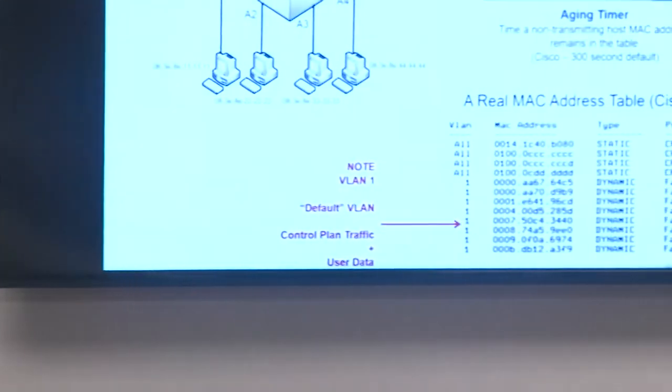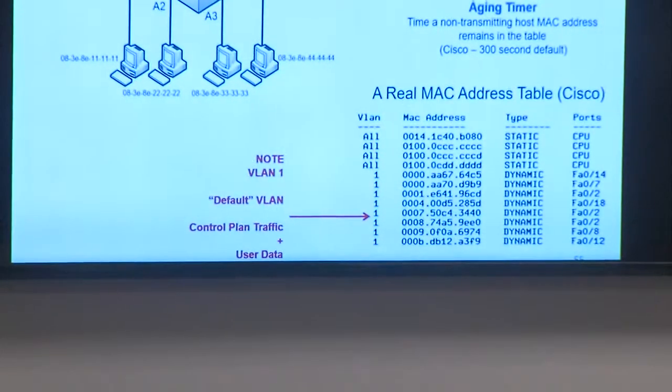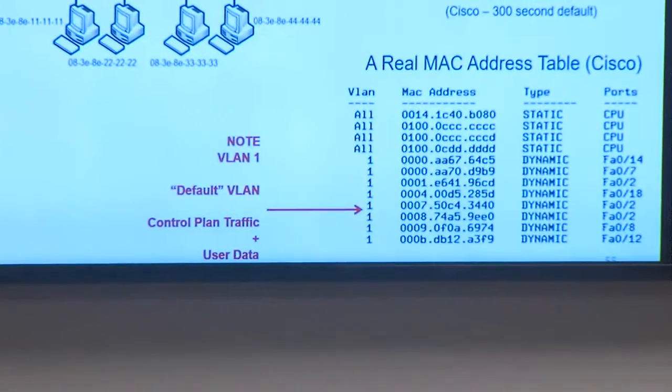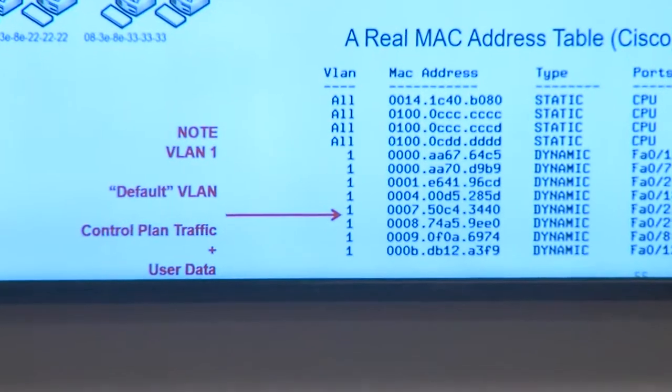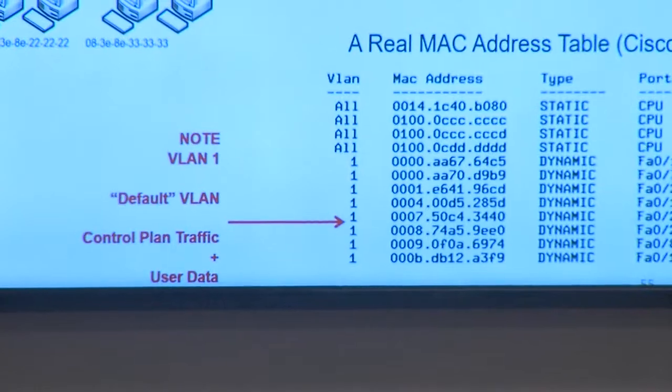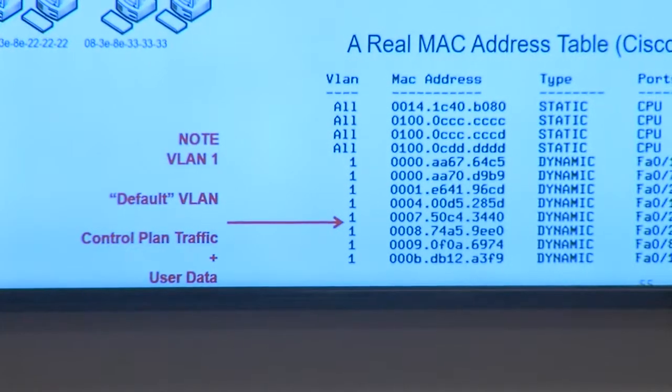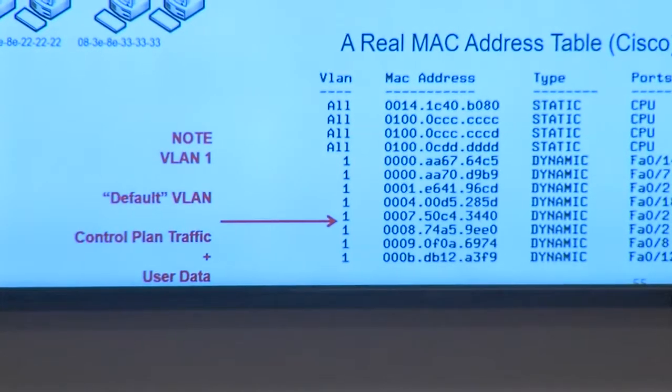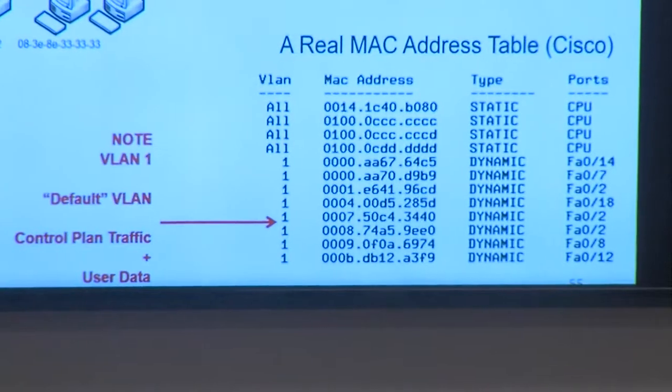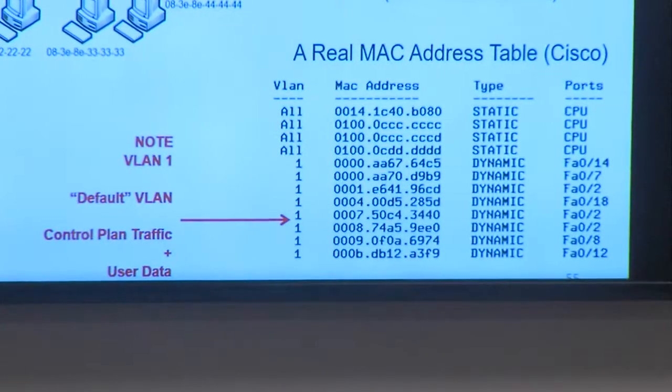It's a fixed configuration, so all our hosts are members of VLAN 1. It's commonly referred to as the default VLAN, and it contains control plane traffic, or information, plus the user data.